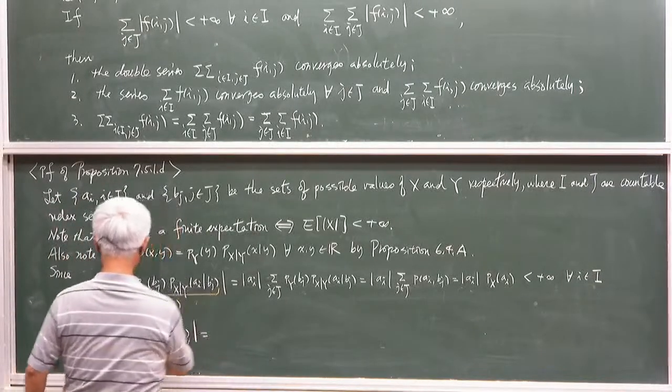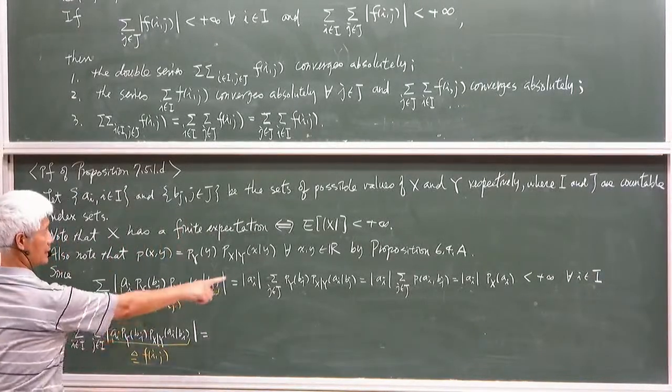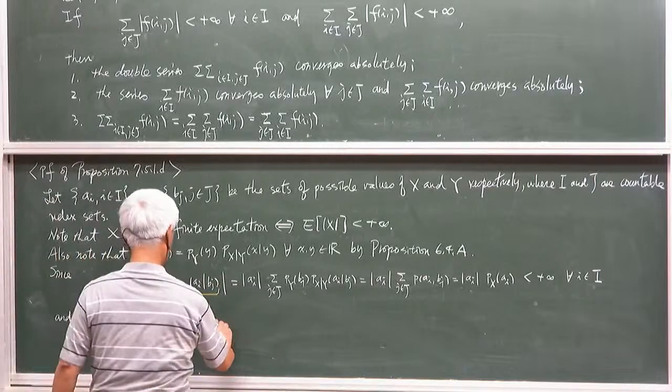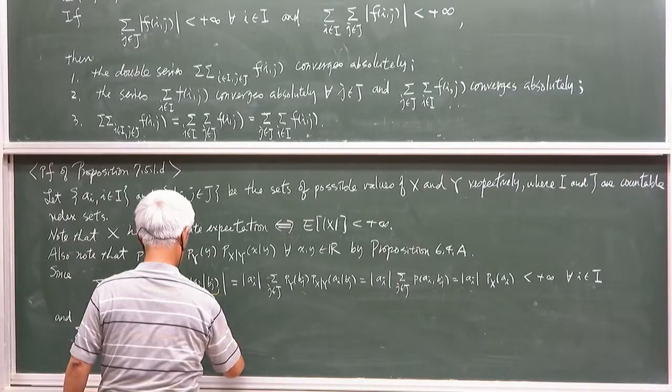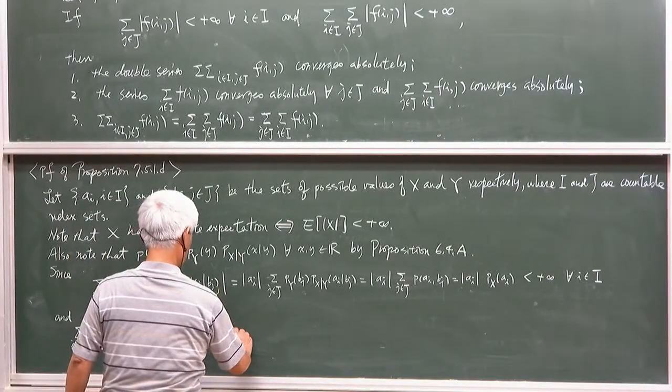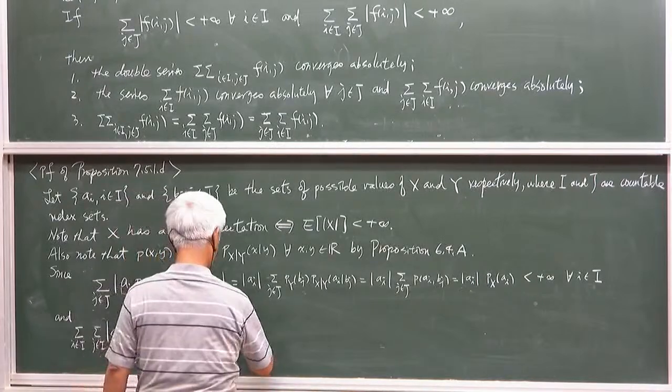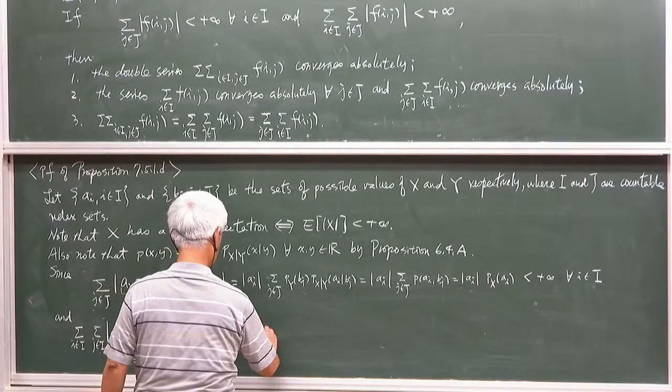Now, because the inner sum is the same as this one, this is equal to the sum of the absolute value of a_i times P_X(a_i).